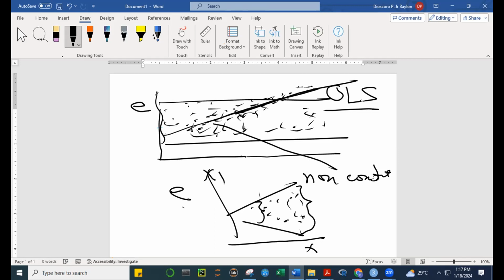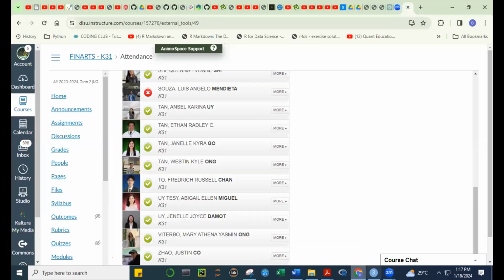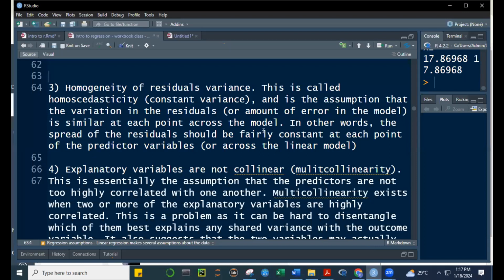As we increase X, the residuals behave in such a way that the variance increases. So this is what we call heteroscedastic. If our error terms display a heteroscedastic distribution, then we say that our model violates the assumption of the classical linear regression model as regards homogeneity of residuals.